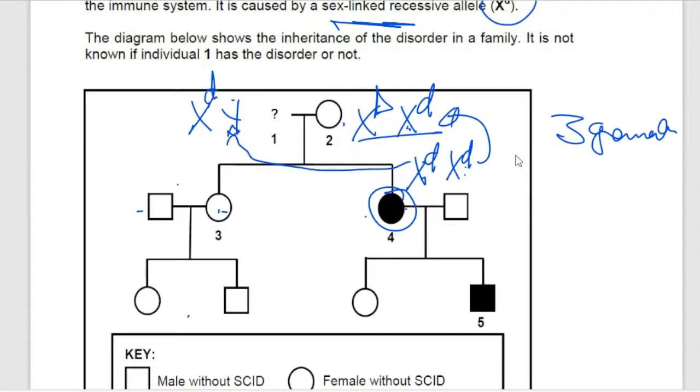Therefore, the second X is like that. Therefore, the father is affected with that disorder. Don't just say affected. Affected with what? HIV, sickle cell, flu, corona? Affected with the condition they have talked about. Don't leave the answer hanging. Please, please, please, don't leave the answer hanging.